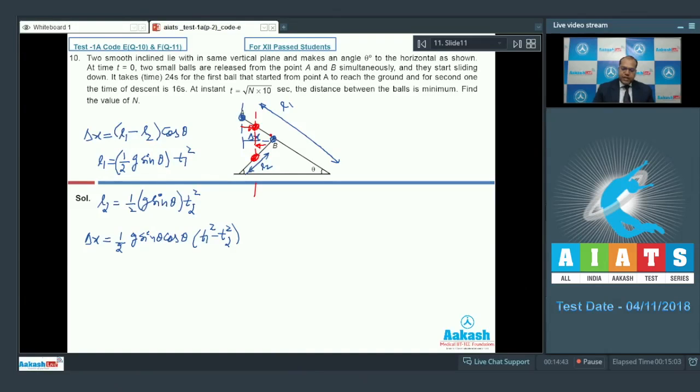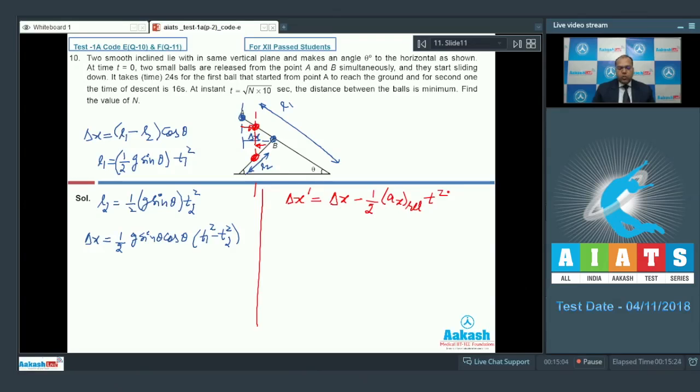If I write delta x at any time t between them, that is equal to delta x minus half into ax relative, the relative acceleration in the x direction between them, into t square.